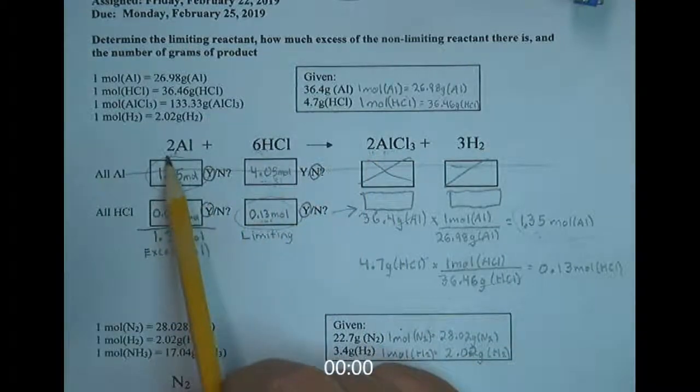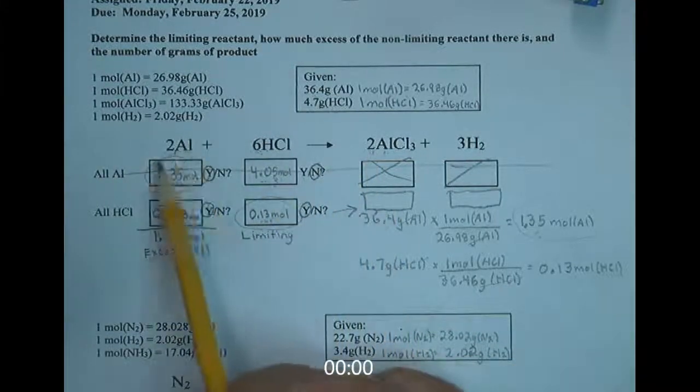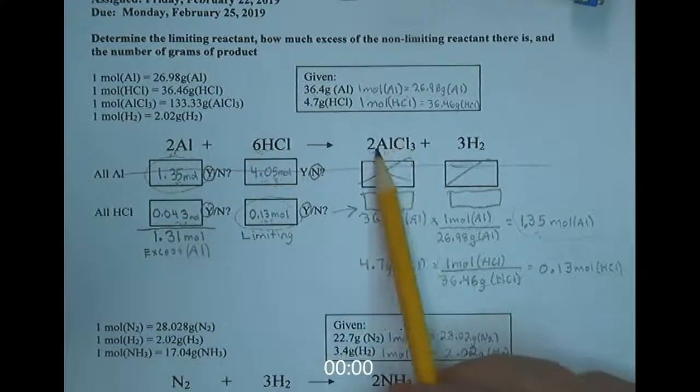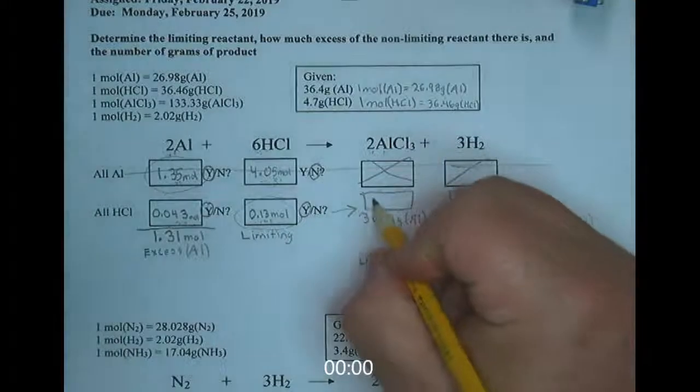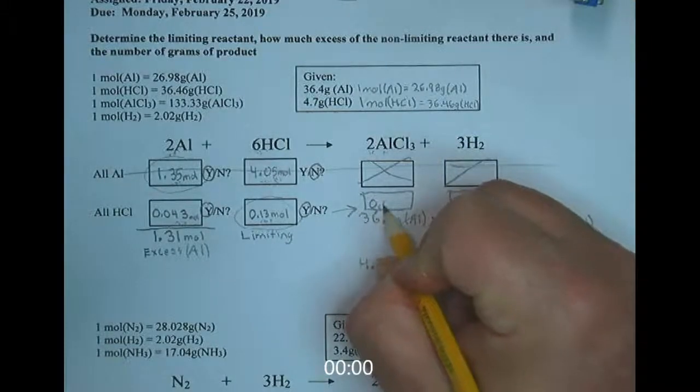If you react 2 moles, you get 2 moles. If you react 25 moles here, you get 25 moles here. It's a 1-to-1 relationship. So what that means is I can simply look at the reaction that works, the one on the bottom, and I can say I'm going to react 0.043 moles and that's a 2 there. So over here, the 2 is going to be 0.043. It's a 1-to-1 relationship.